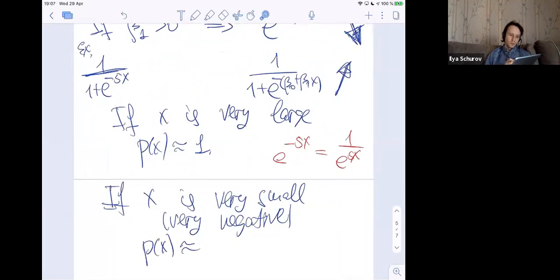In this case, e to the power negative 5x is instead a very large value, and this fraction is a very small value because I have 1 divided by something very, very large. So p of x is close to 0. Okay.